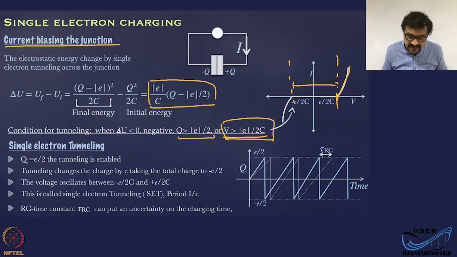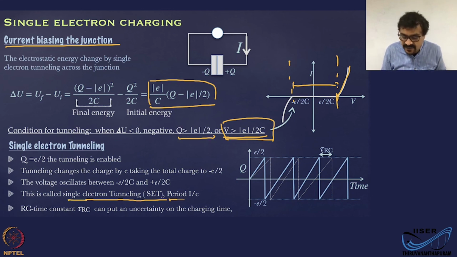So the tunneling here happens one electron at a time, because the voltage that you have applied only satisfies that. For 2 electrons, you have to put 2E square by 2C, not E by 2C or E by C. We are looking at the voltage which is in the vicinity of E by 2C. So this process where the electrons tunnel one by one is called single electron tunneling, or in short SET.